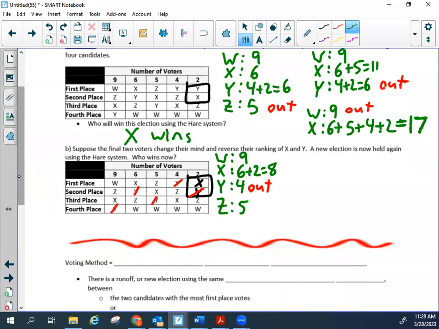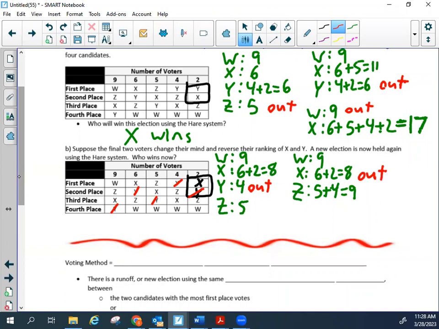So I'm left with W, X, and Z. W is here with 9. X is here with 6 plus 2, which is 8. And Z is 5 plus 4, which is 9. Look at that. Our winner, X, is now out after I gave him more votes.